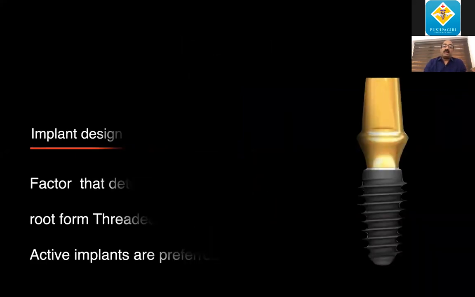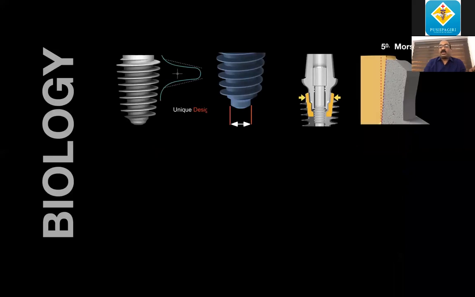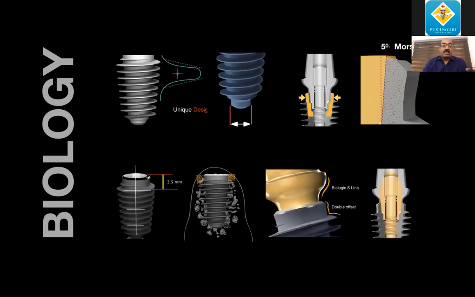Nowadays, implants are very well designed in a biological fashion to accommodate more bone around them, to have crestal stability of bone, to have a better connection between the implants and the abutments, and to have a good biological feel, and to avoid screw loosening.